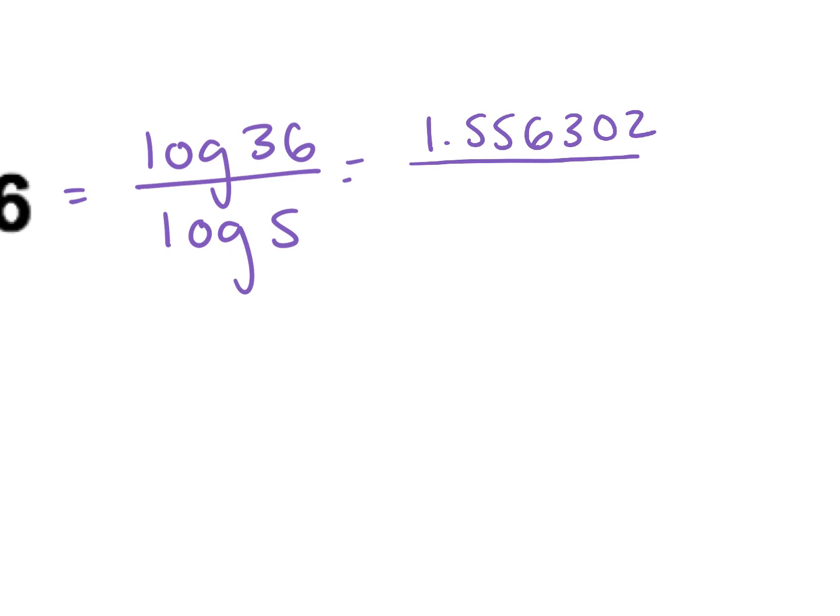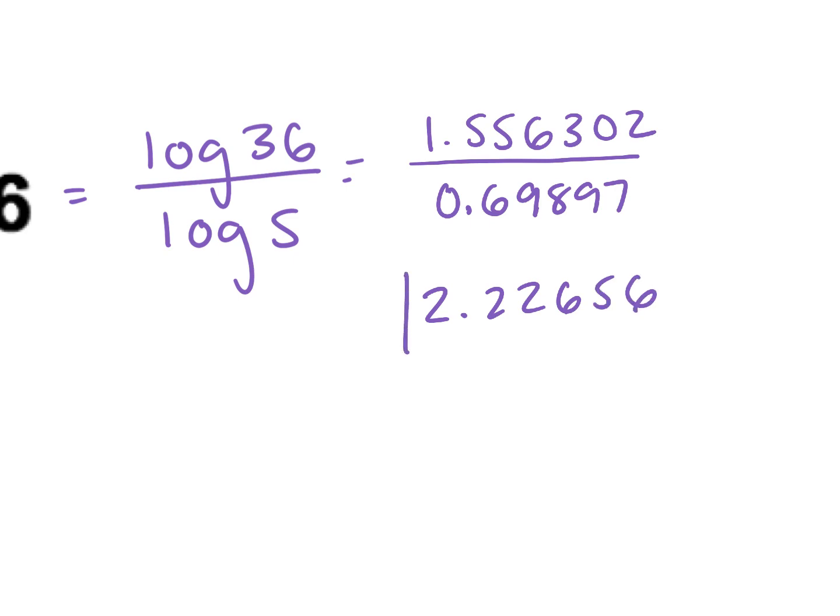And then I would do log of 5 on the bottom. And get 0.69897. And then we divide these. So 1.556302 divided by the bottom. And you should get 2.22656. Anybody else get that? You can round.